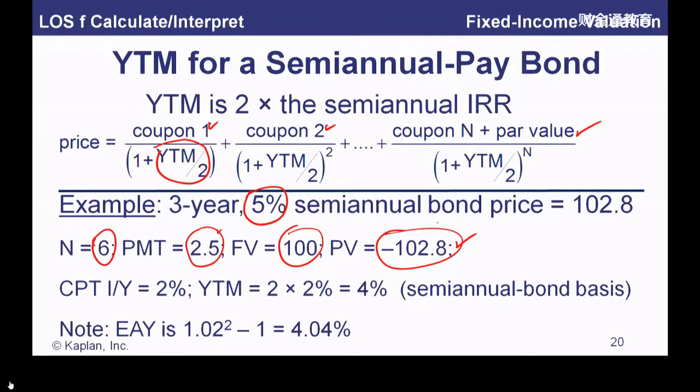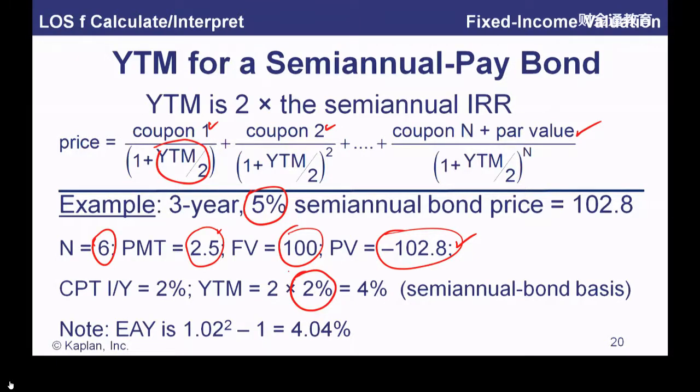Okay. So our yield to maturity is 4%. We double that IRR that we calculate at a price of 102.8. And so that's our yield to maturity on a semi-annual bond basis, 2 times the semi-annual internal rate of return that we can solve for when we plug in price and the promised payments. Okay.